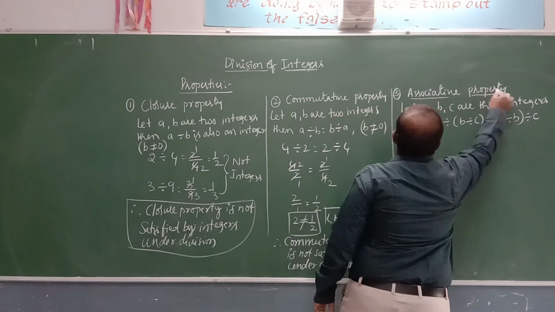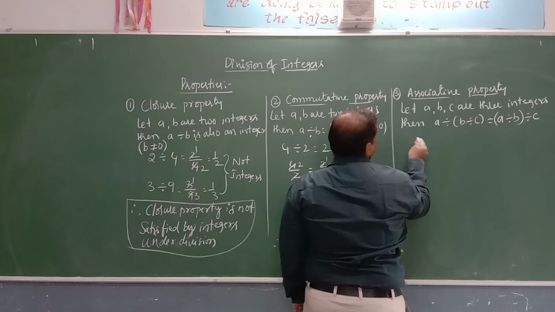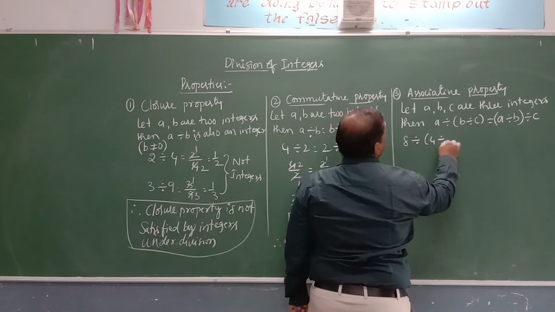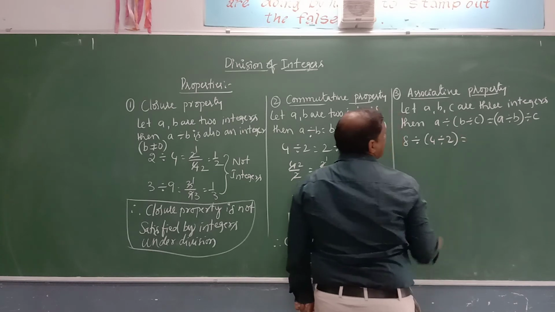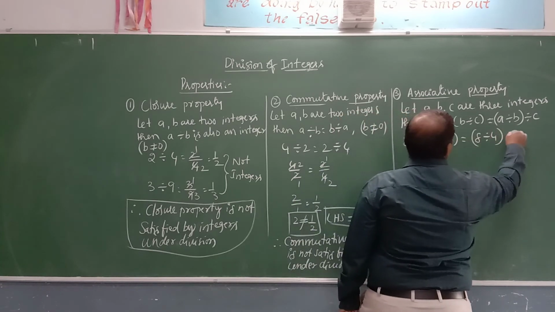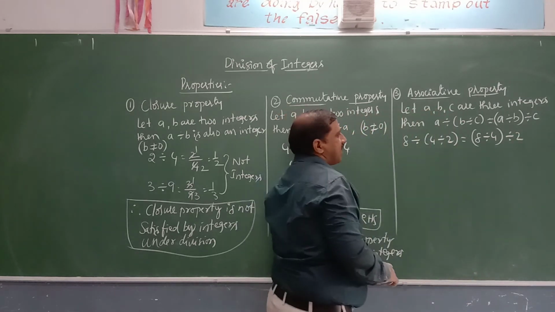We will check it. So take the numbers: 8 divided by (4 divided by 2) equals (8 divided by 4) divided by 2. Now we will check it.